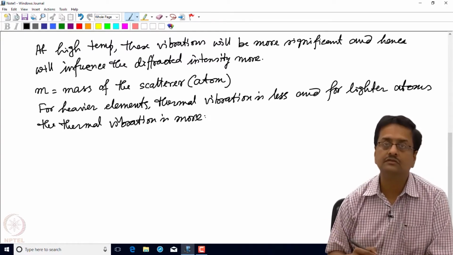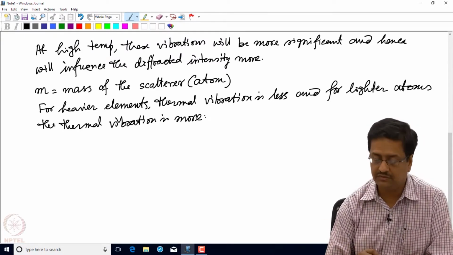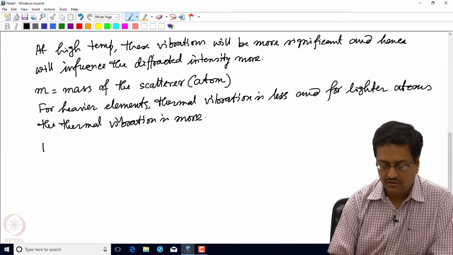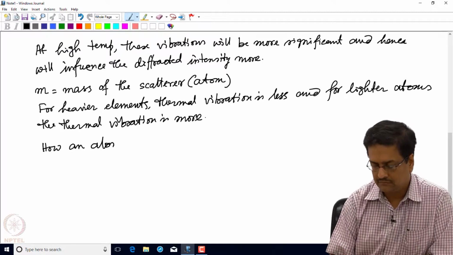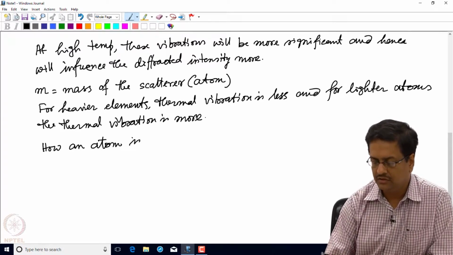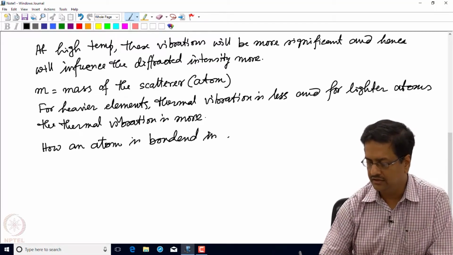The thermal vibration also depends on how an atom is bonded in a molecule.